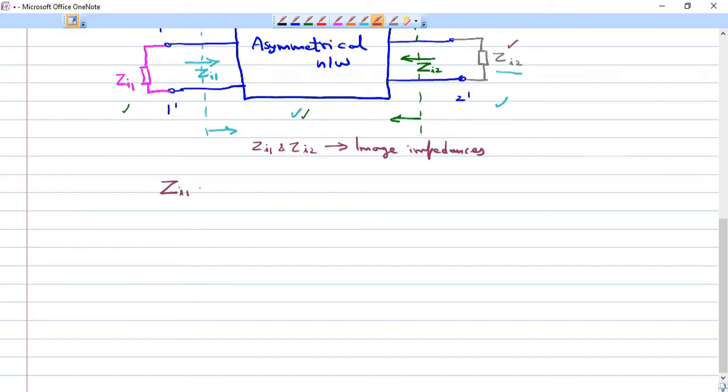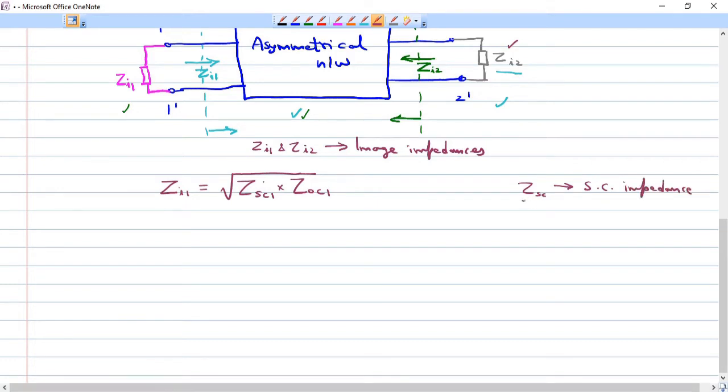So Zi1 could be written as square root of ZSC1 into ZOC1, where ZSC is the short circuit impedance and ZOC is the open circuit impedance.